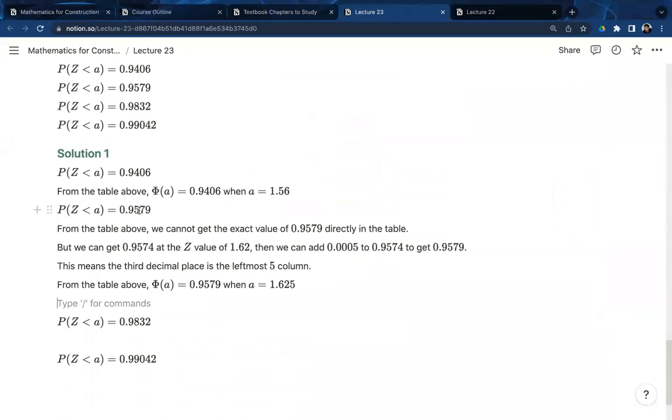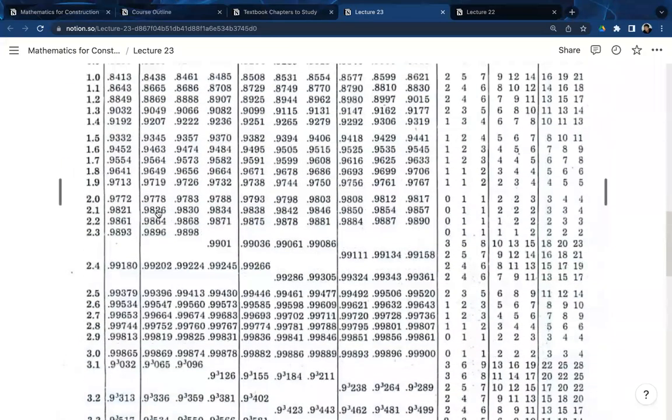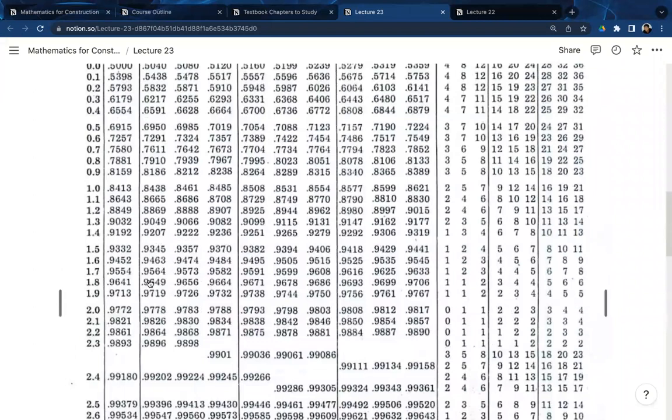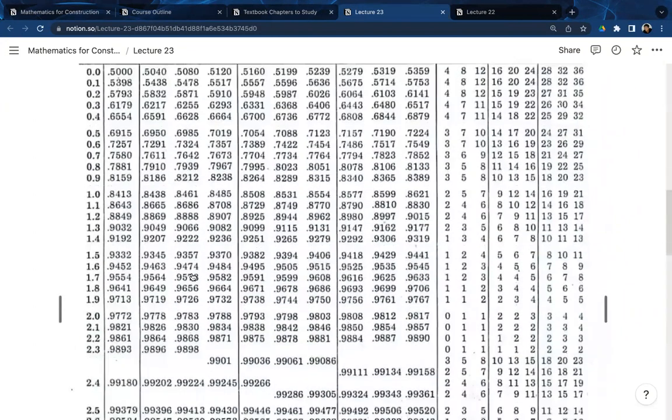I need 9579. So 9574, and to get 9, I need... I made a mistake. I was looking at 94, but 9579 is what I need. So that's 9573 and 6.